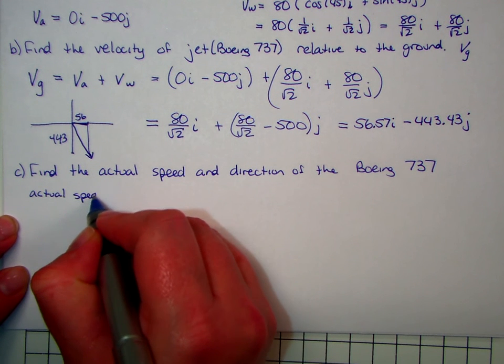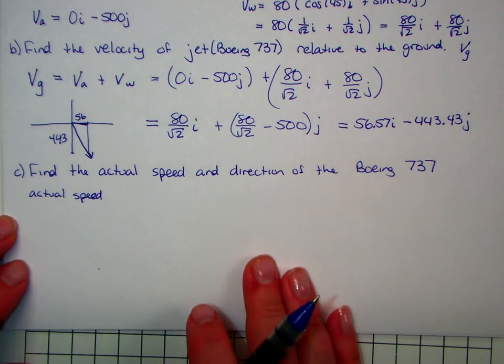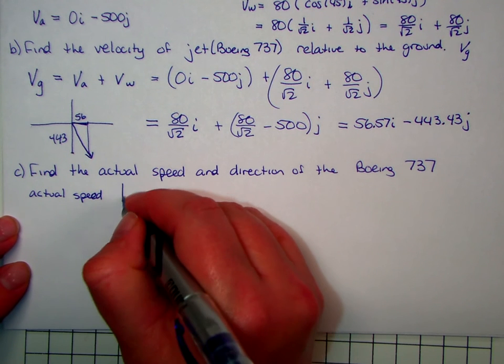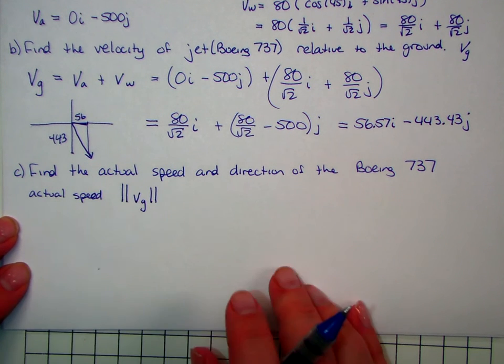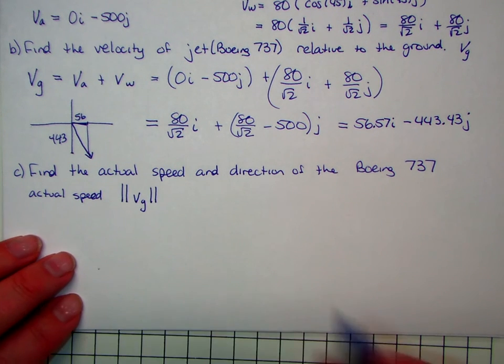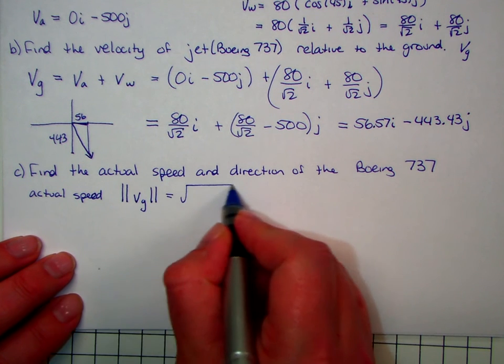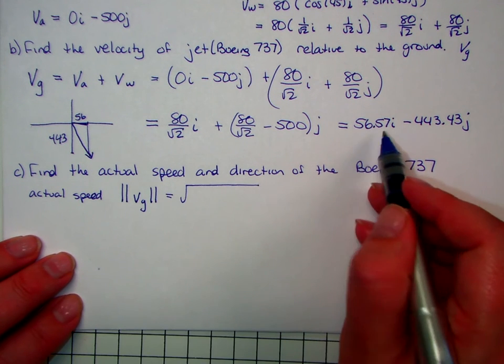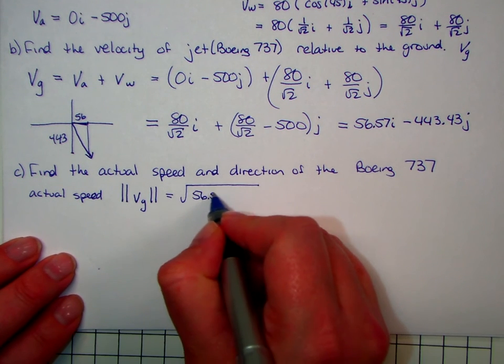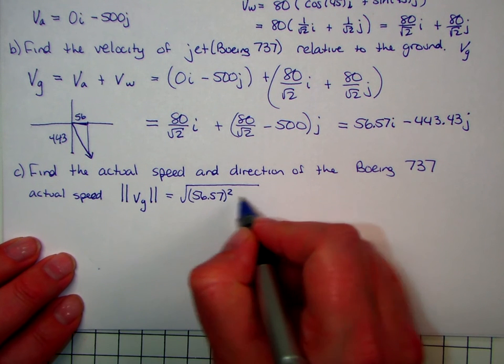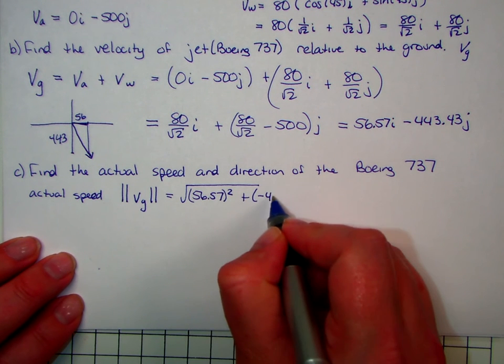Okay, so the actual speed of the 737 is going to be the magnitude of the ground vector. So we're going to get the square root of the x component squared plus the y component squared.